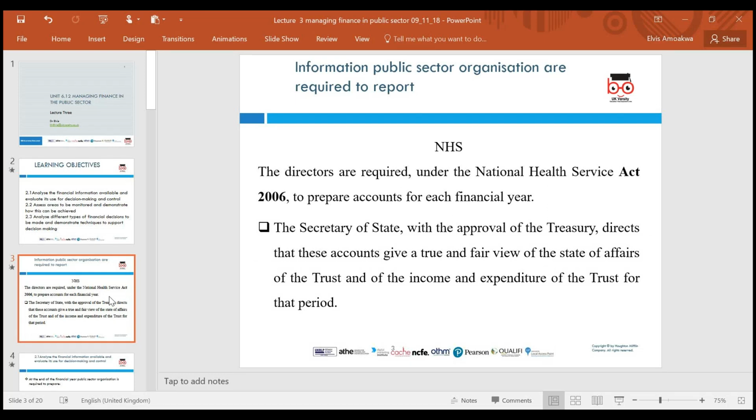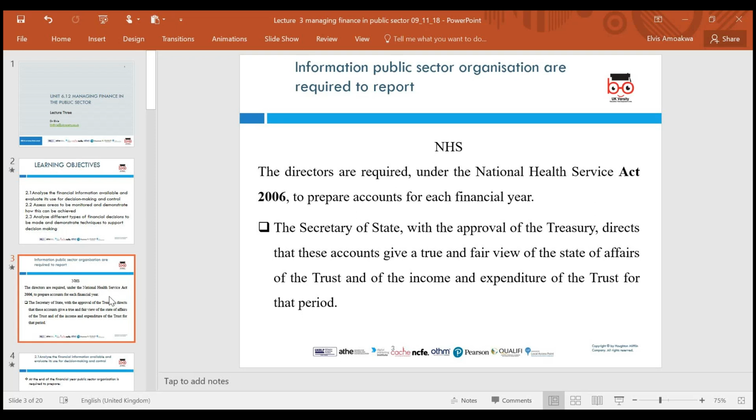We're going to use NHS information so that we will be able to appreciate the NHS as a public sector organization and its requirement to report every single penny that the taxpayer gives them, and how they account for them and how they use them. So we're going to use the NHS as a case study.